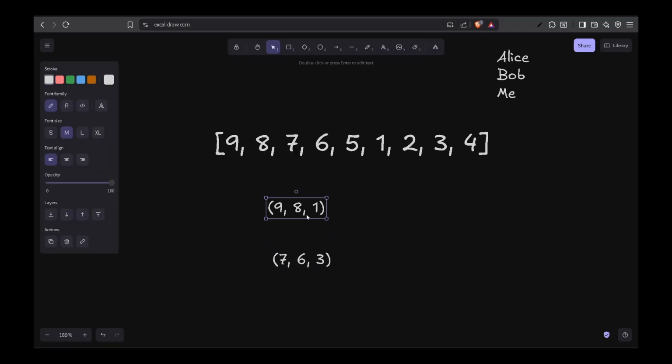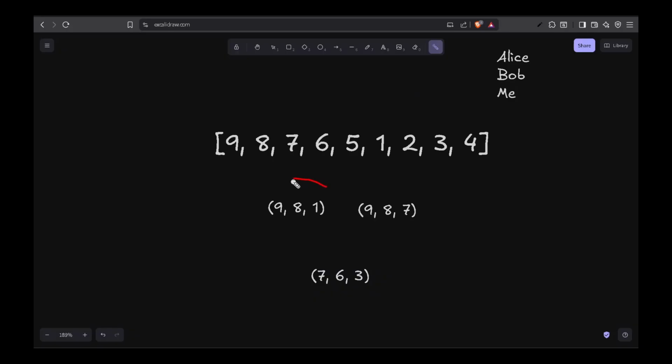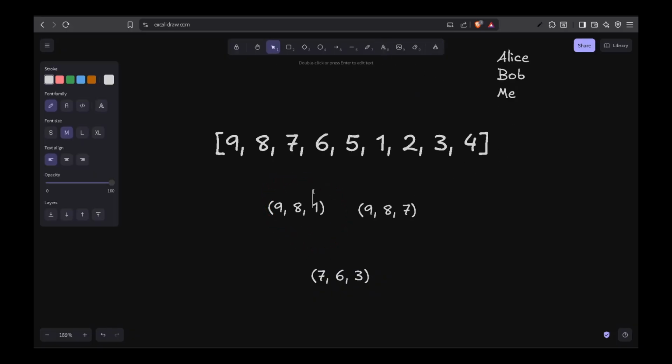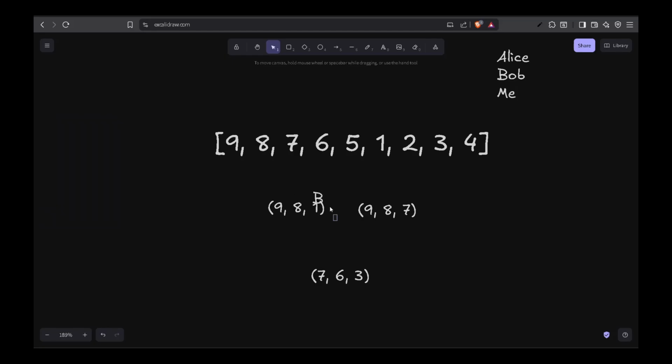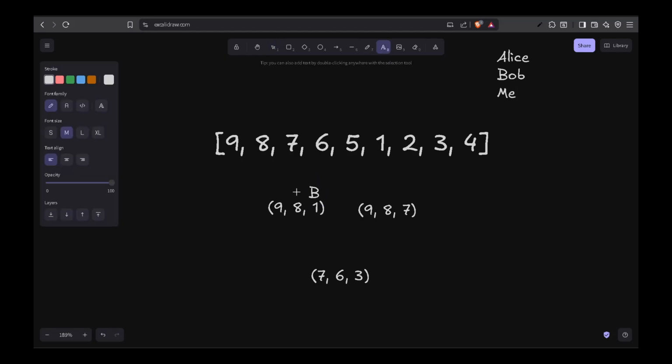This is the second one, this is the first one, and I'm saying the first one, instead of choosing this, I would have chosen this, right? So see what I mean. If I would have chosen this one, Bob would have gotten this one, right? Bob would have gotten 1 and I would have gotten 8, right? I would have gotten 8.